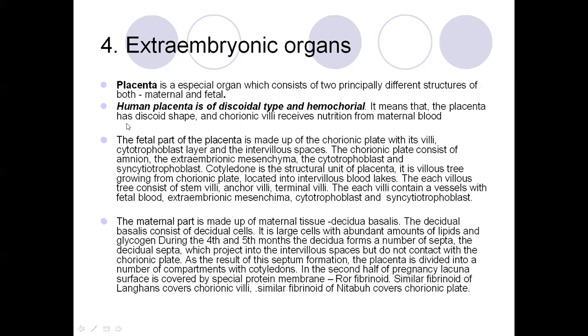The fetal part of the placenta is made up of a chorionic plate with its villi, the cytotrophoblast layer which covers the villi, and the intervillous space. The chorionic plate is covered by amnion on the side which contacts the amniotic fluid and embryo.